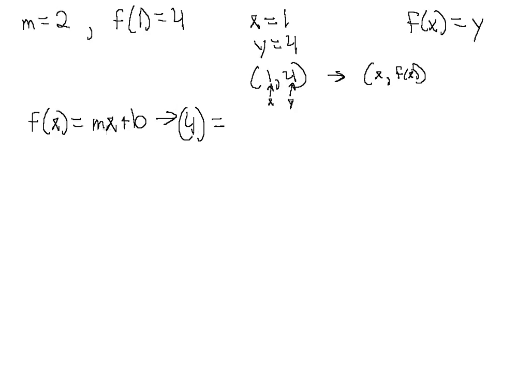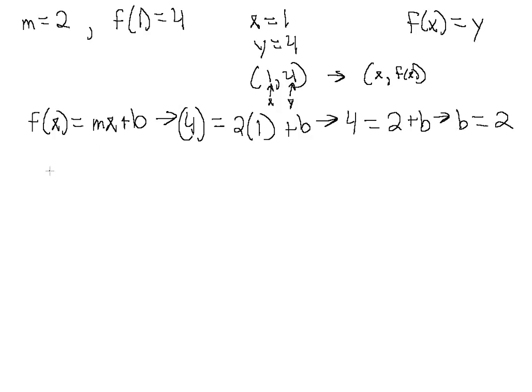equals mx, m is 2, and x is 1, plus b. And just like before, we simply solve for b. It's the y value of our y-intercept, excuse me. So we have 4 equals 2 times 1 is 2, plus b. If we subtract 2 from both sides, we get b equals 2.